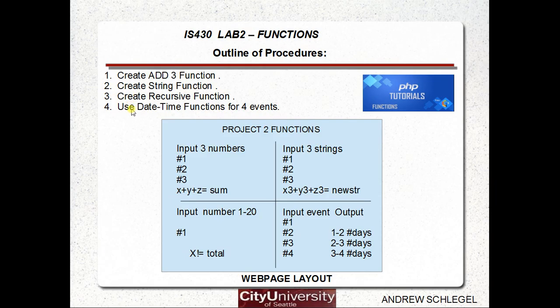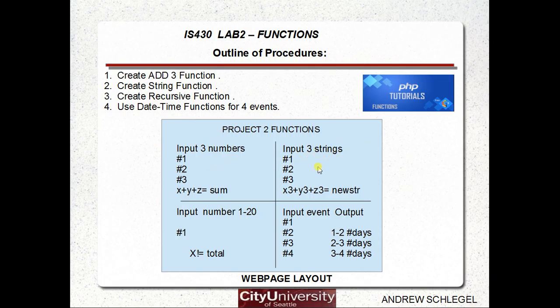So the first one is simply, you'll be on the web page and a user can put in 3 numbers like 5, 12, and 14, and then push a button and it says, okay, the sum of 5, 12, and 14 is blah. Okay, so that's number 1. Simple enough. And like I said, he basically did almost exactly that in the video.